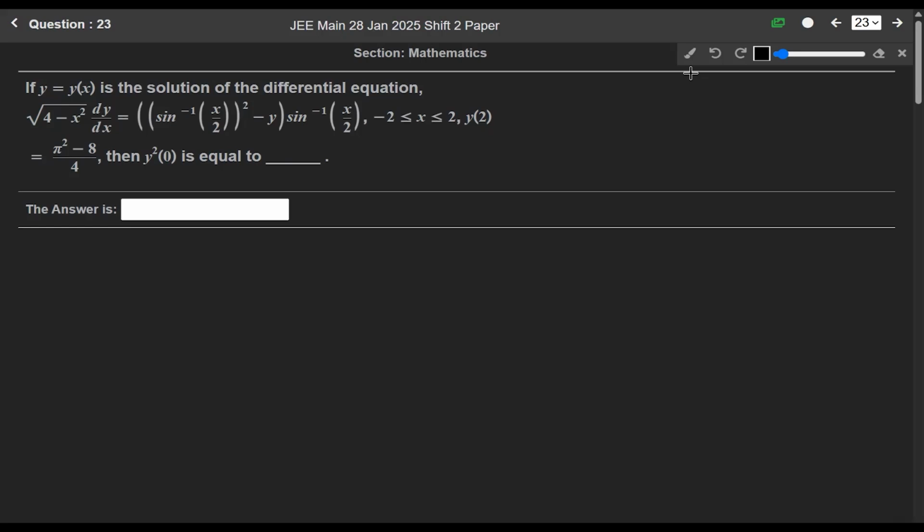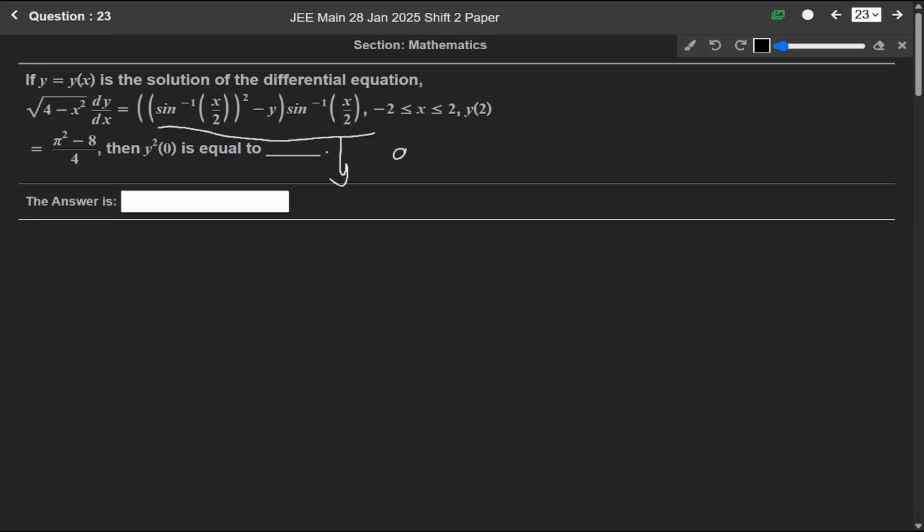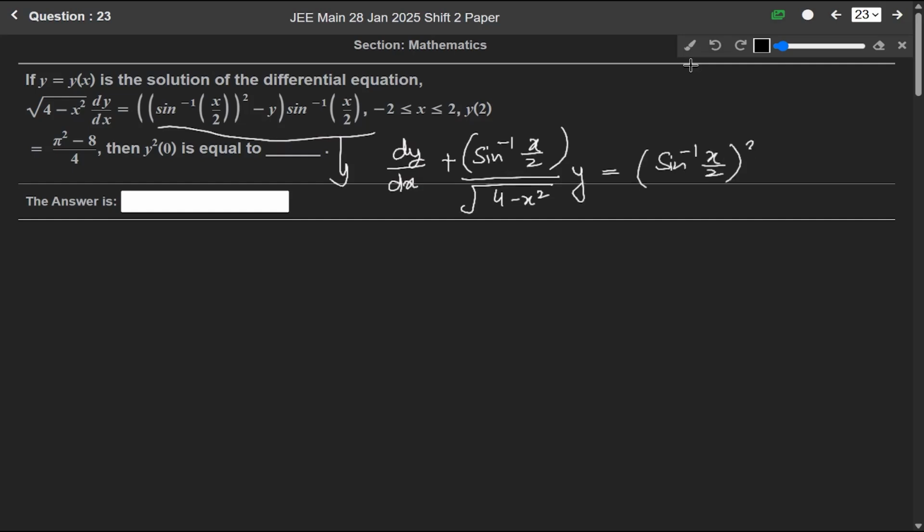So we can write this equation as dy/dx plus (sin⁻¹(x/2))/√(4 − x²) times y is equal to (sin⁻¹(x/2))³/√(4 − x²).